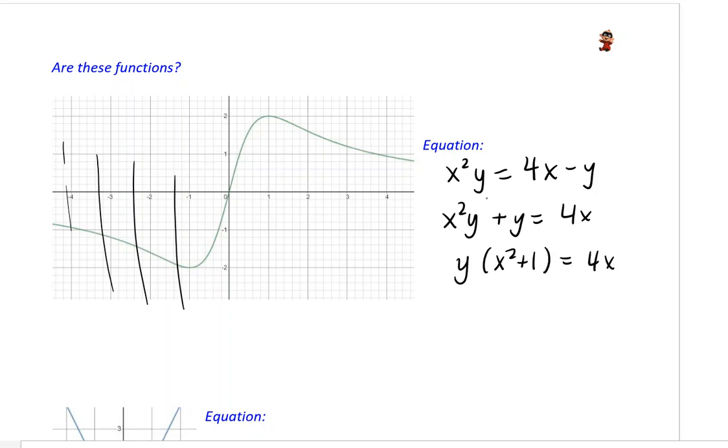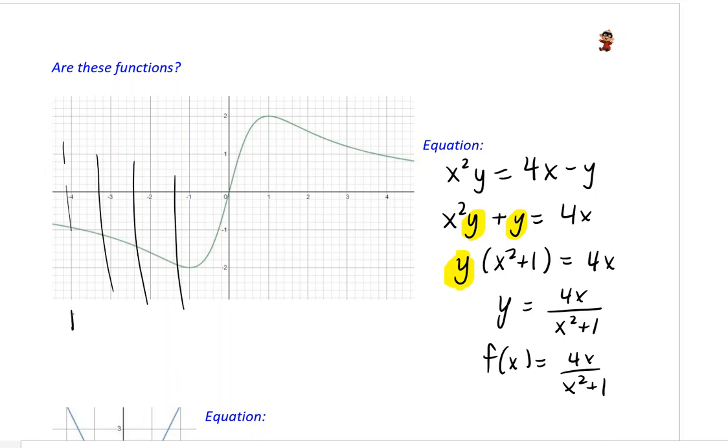See how I move the other y over? Now, because I have a y here and a y here, I can pull it out. And I can get y equals 4x over x squared plus 1. So that's the function, okay? And since it's a function, I can also write it as f of x equals. Okay?